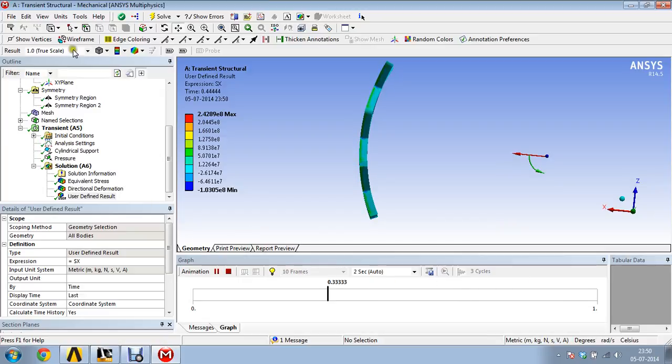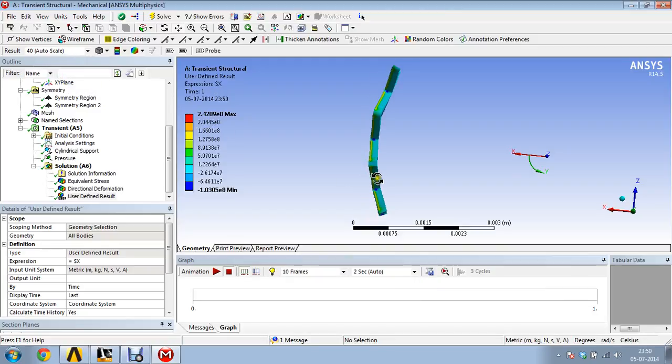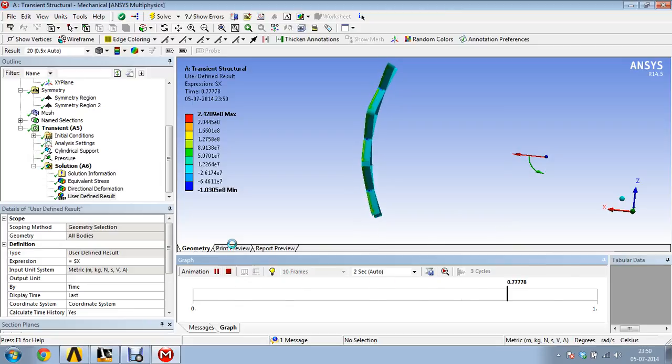In true scale we cannot observe any displacement because it is too small. If we set it to auto scale, we should be able to see some kind of deformed structure. So we'll go into this one, and see, you can see some kind of displacement here.